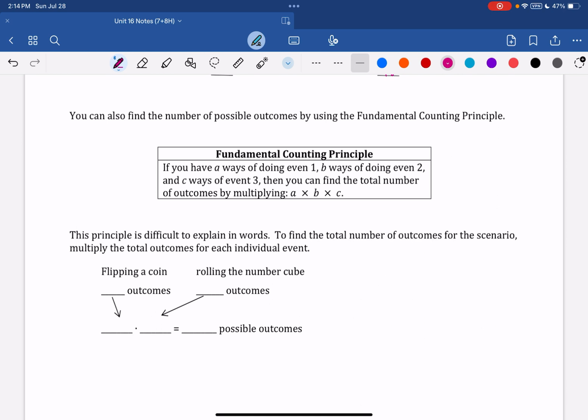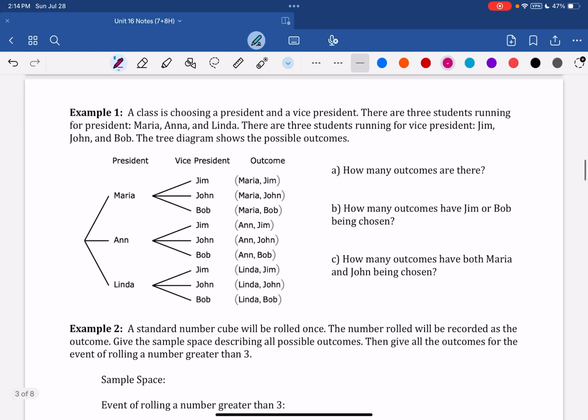That would give us 12 ways, right? We had 2 ways of doing a coin. We had 6 ways of rolling the dice that gave us our 12 possible outcomes. So like I said, if we had that 6-sided dice and then the 12-sided dice, we'd just do 6 times 12.